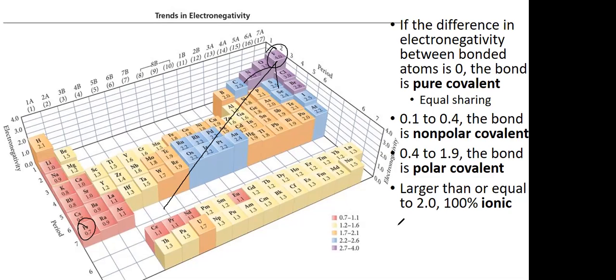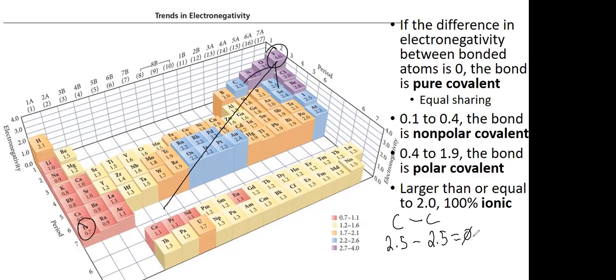What I mean by that is, let's say two carbons are in a covalent bond. The way to figure out what type of bond they're in is you look at their electronegativity scores. So carbon has a score of 2.5. The other carbon also has a score of 2.5. What you do is you subtract those two numbers. So 2.5 minus 2.5 is 0.